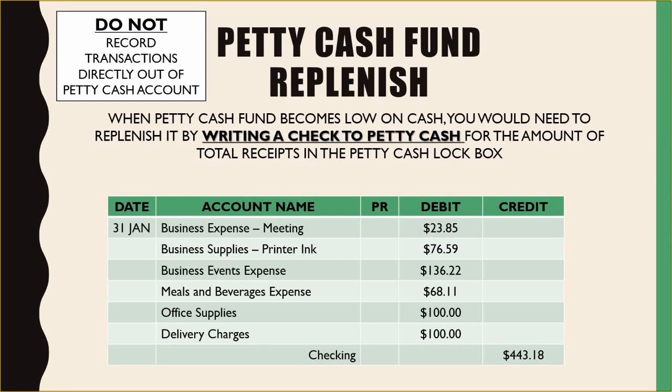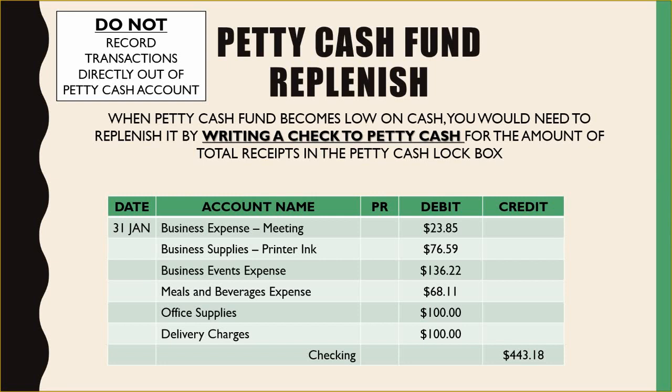It's just because my petty cash drawer is low that's when you recognize those expenses, because they did occur. You were just using a temporary account to keep track of that, and that's exactly what a petty cash drawer does.